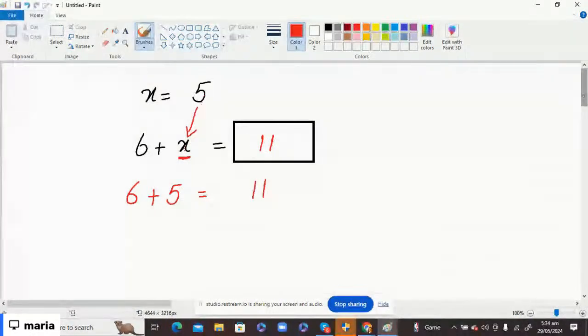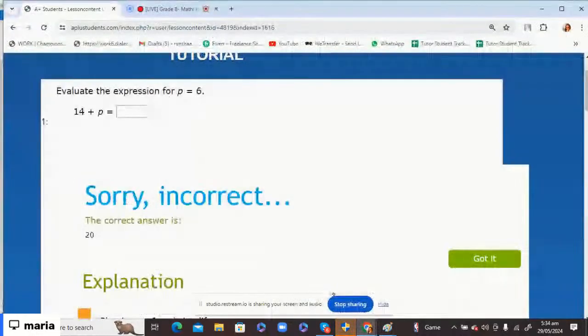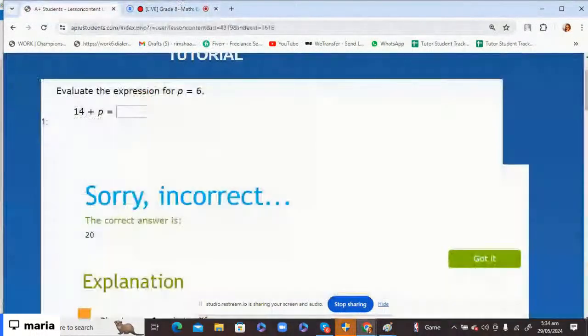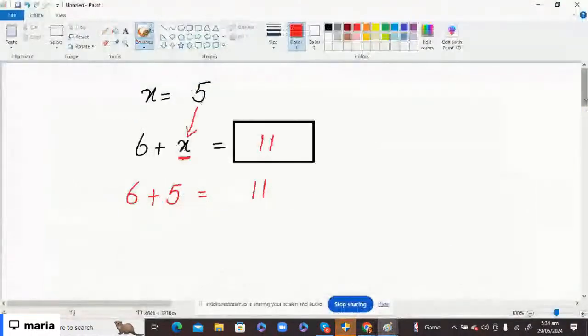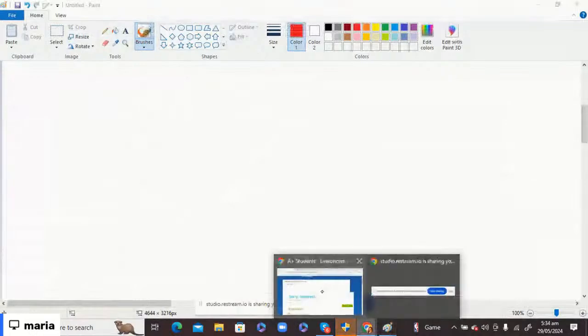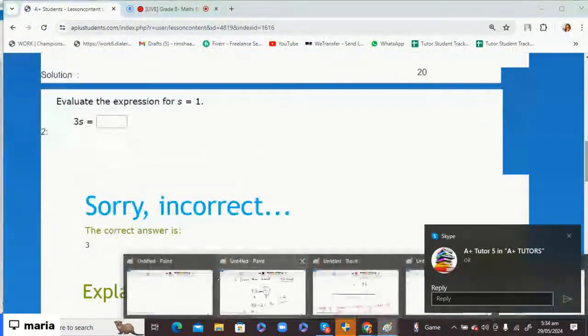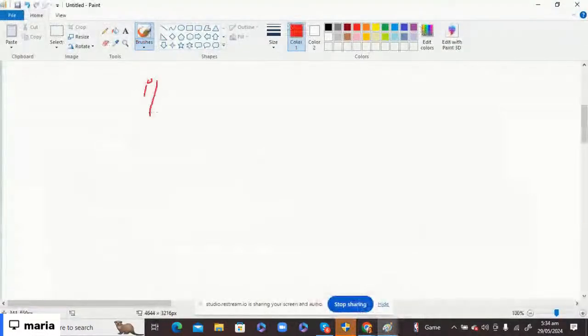Okay, let's do one more question. If p is equal to 10, what is 13 minus p?